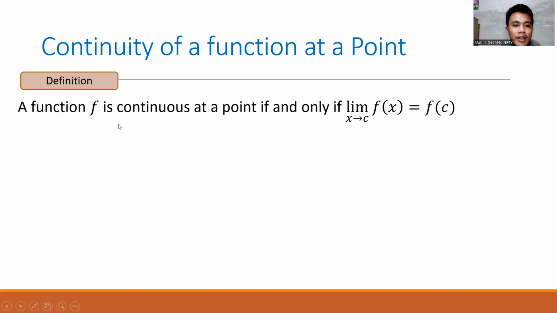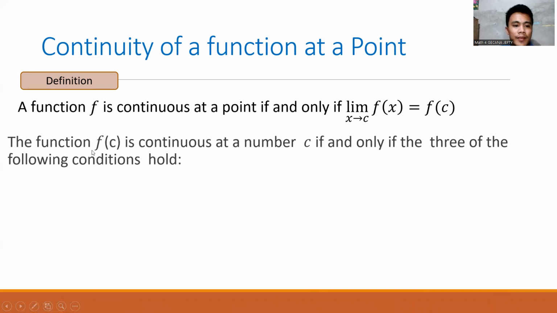A function f is continuous at a point if and only if the limit of f of x as x approaches c is equal to f of c. Then the function f is continuous at a number c if and only if the following three conditions hold. First, f of c exists.